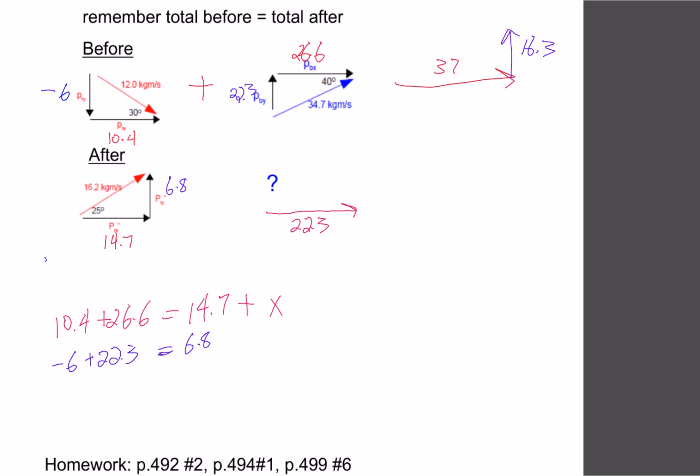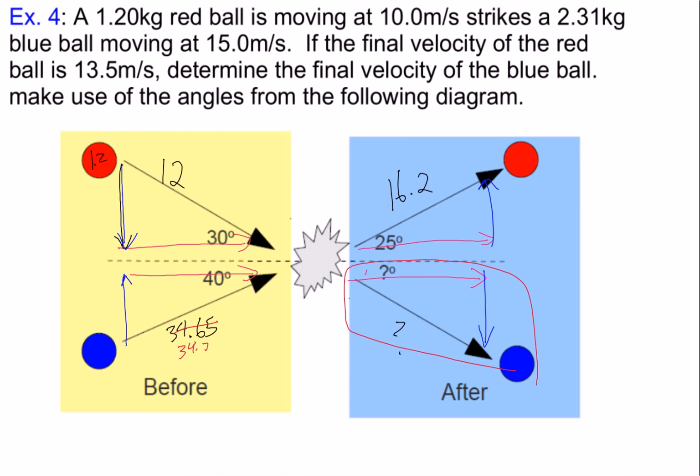On the left side, let's subtract the 6.8. And when we solve that, we get a y of positive 9.5. So what does that mean? Well, if we got a final answer of 9.5, that means we're going upwards, not downwards. So that's one thing you've got to be careful about, and you don't really know that until you actually do the math. So let's go back to this diagram again.